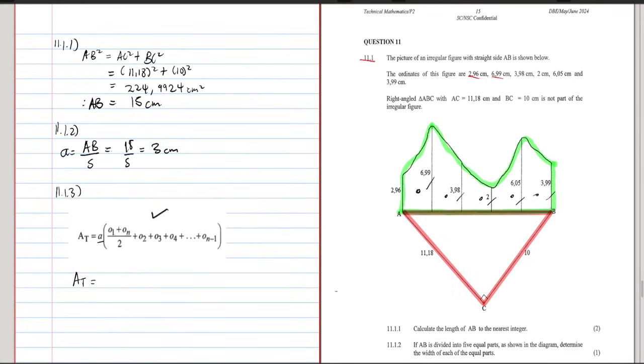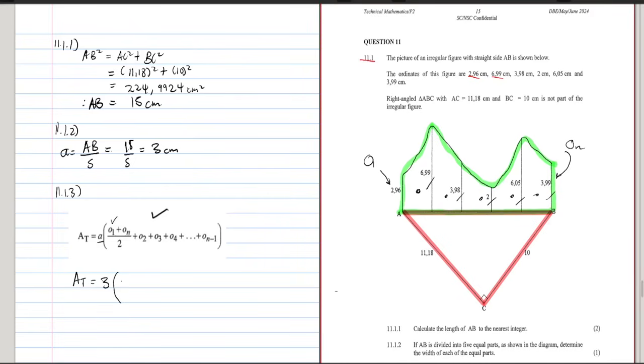So the area is equal to a in brackets, o1, which is this, and this is on, the last ordinate.